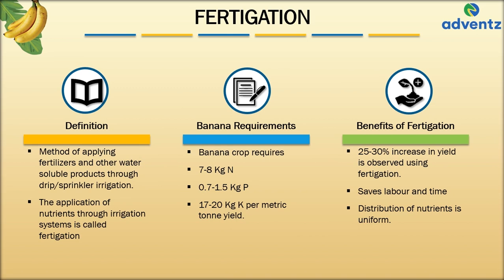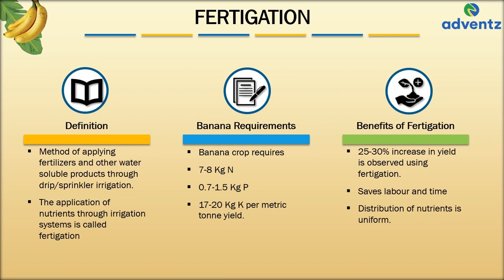Why is it required for banana crop? Banana requires heavy nutrition. Banana crop requires 7 to 8 kgs of nitrogen, 0.7 to 1.5 kgs of phosphorus, 17 to 20 kgs of potassium per metric ton yield. Banana responds well to application of nutrients.